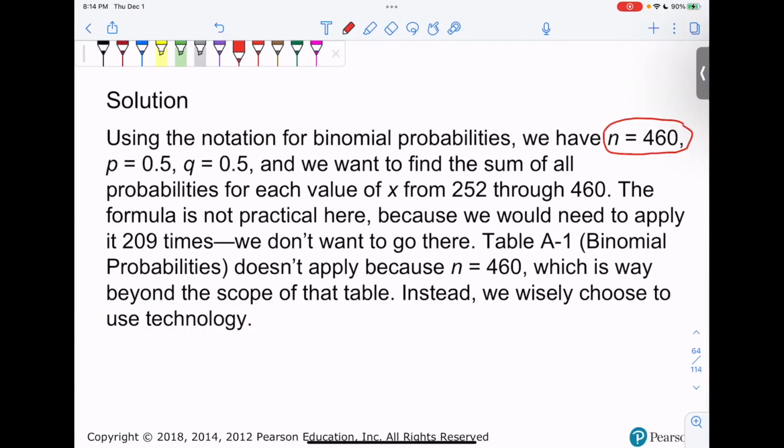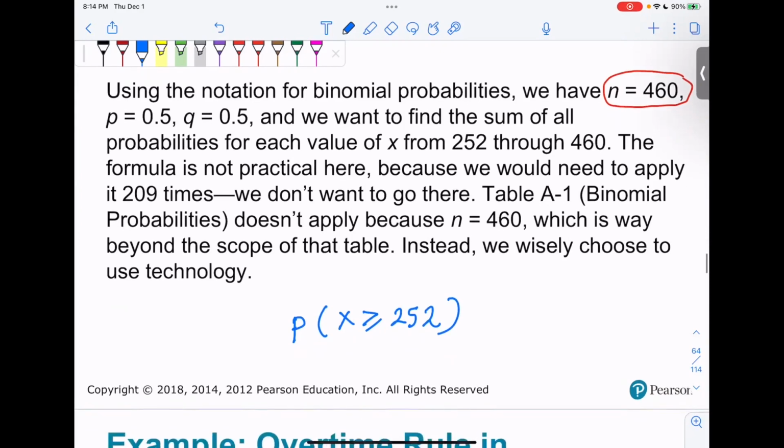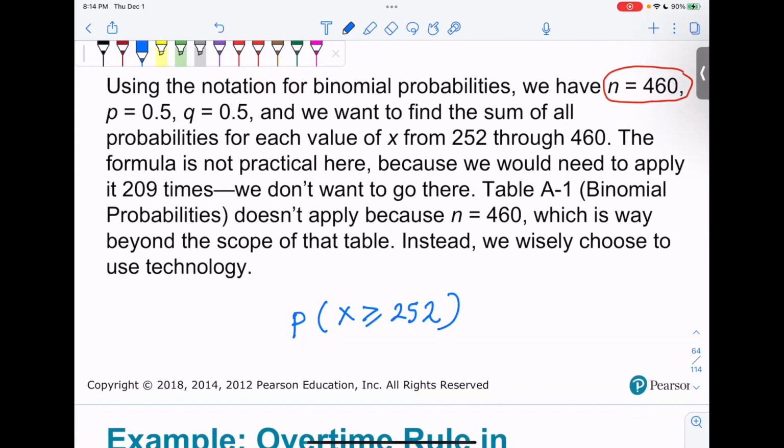Okay, so now to find the probability that X is greater than or equal to 252, right? We say if this value is less than or equal to 0.05, then we can say this value is significantly high.